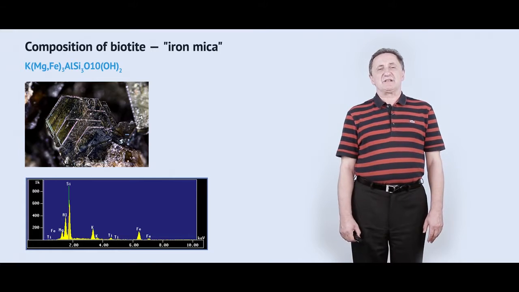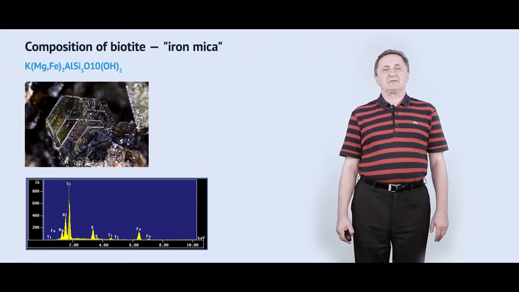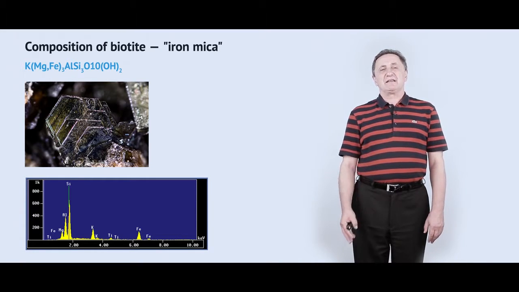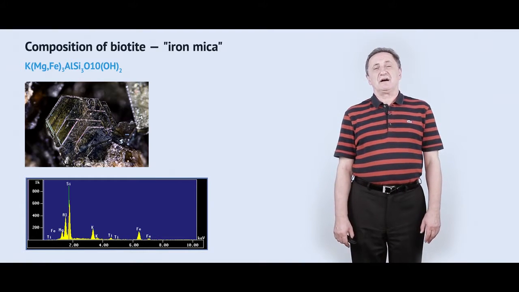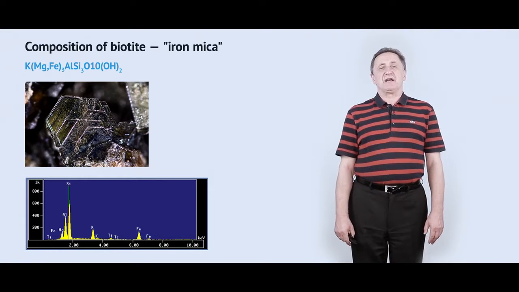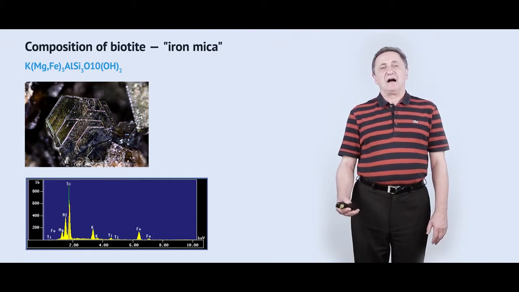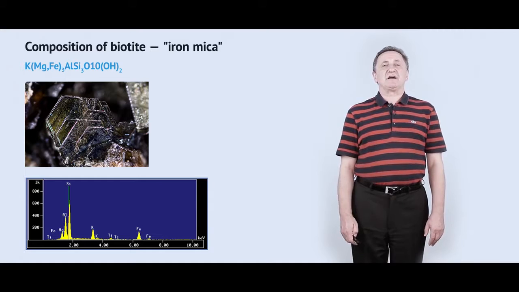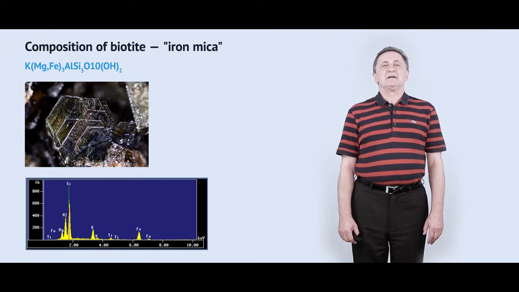As we discussed already, this energy is strictly related to the electron structure of the element, and that's why, by analyzing the integral under the obtained peaks, you can get information about the percentage of this element, for example titanium or iron, in this specific mica. The composition of this iron mica is very complex. It involves, as you can see, 1, 2, 3, 4, 5, 6 elements.